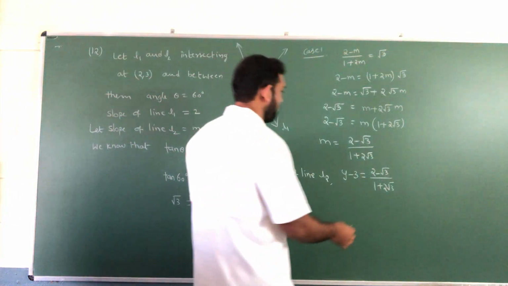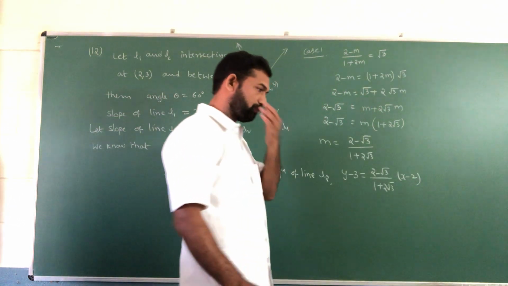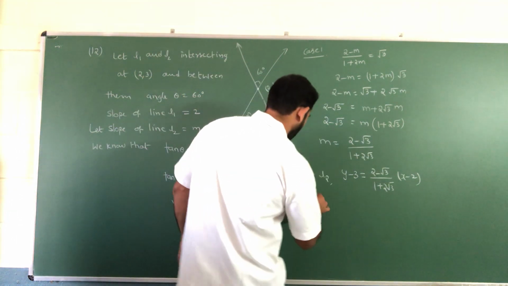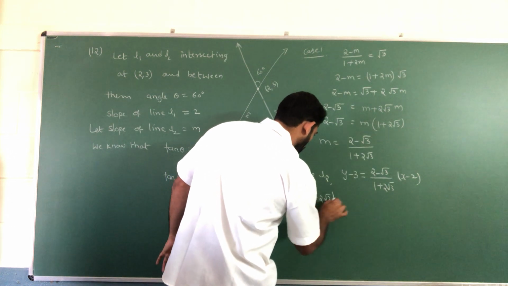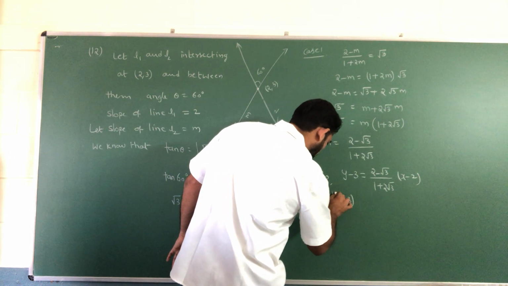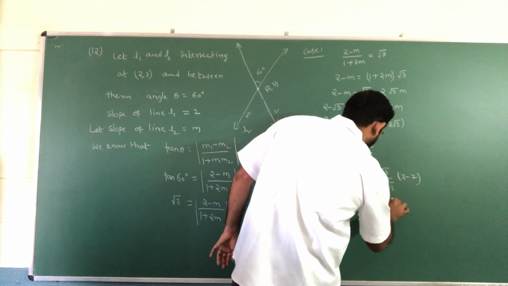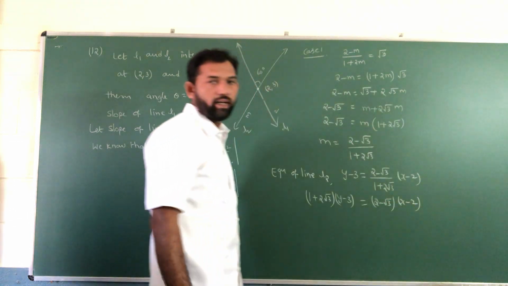Then you simplify and you will get the equation. Now see that, cross multiply: (1 plus 2 root 3) into (y minus 3) is equal to (2 minus root 3) into (x minus 2).